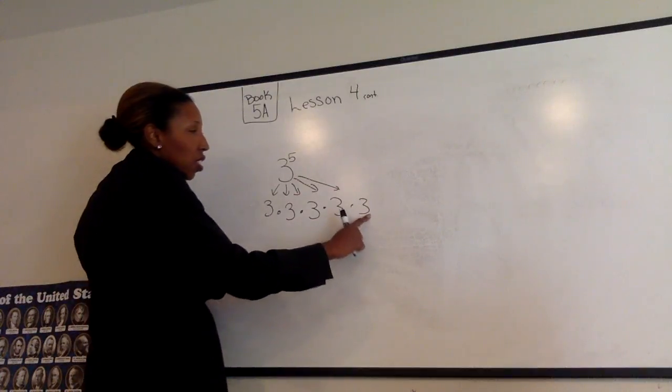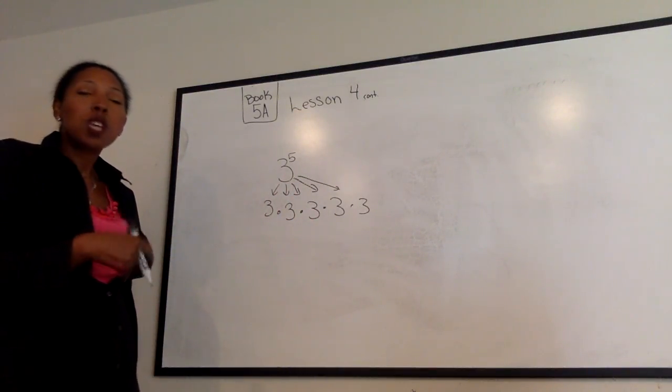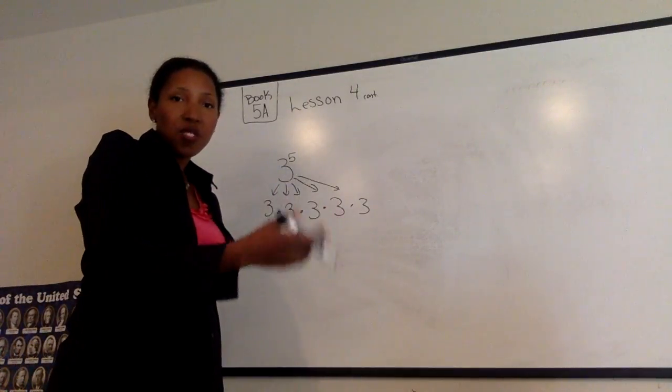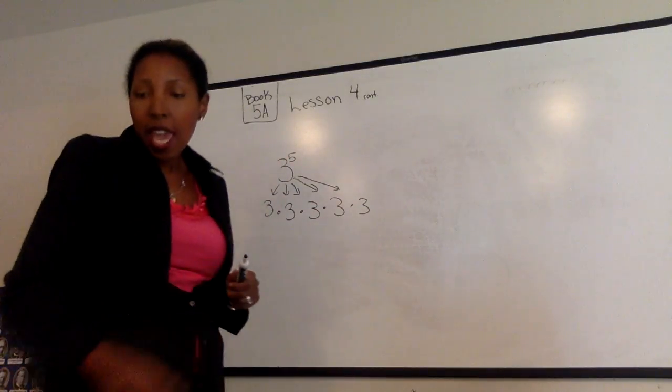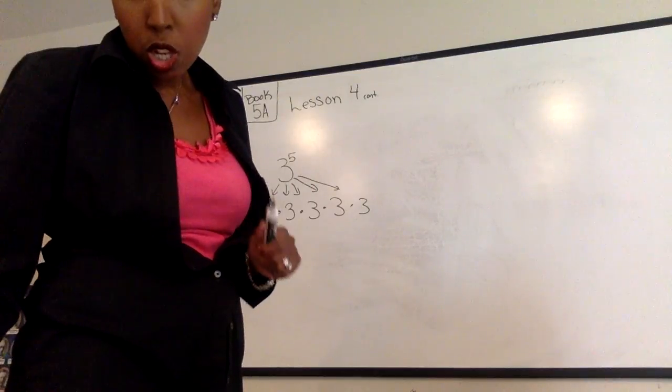So you just say 5th power. And it's almost like when you line up for lunch, it's first place, second place, third place, fourth place, fifth place. That's the same way you'd read it, 3 to the 5th. Okay? And that should cover what exponents look like.